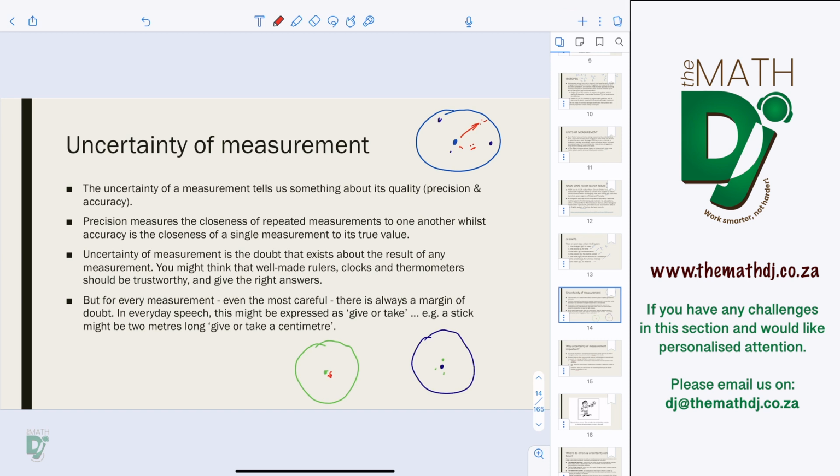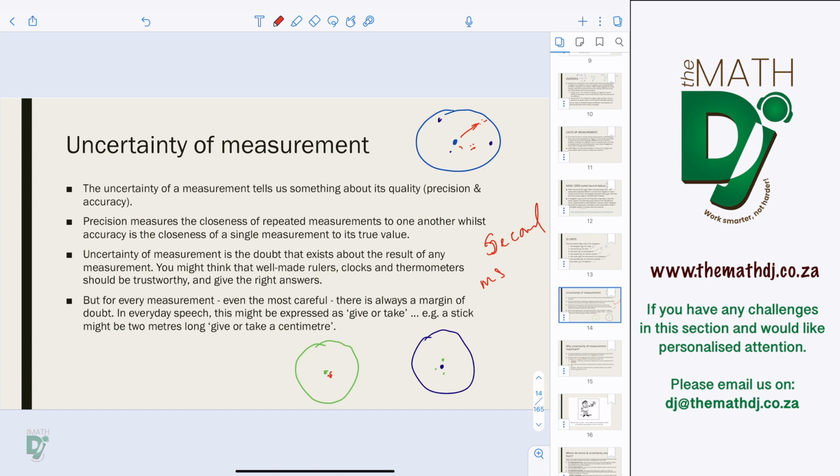The margin of error can be a second or a millisecond, depending on the make of the clock that you are using. So the take-home point here is precision. It has to do with whether you are able to repeat. Then accuracy has to do with the closeness to the true value.